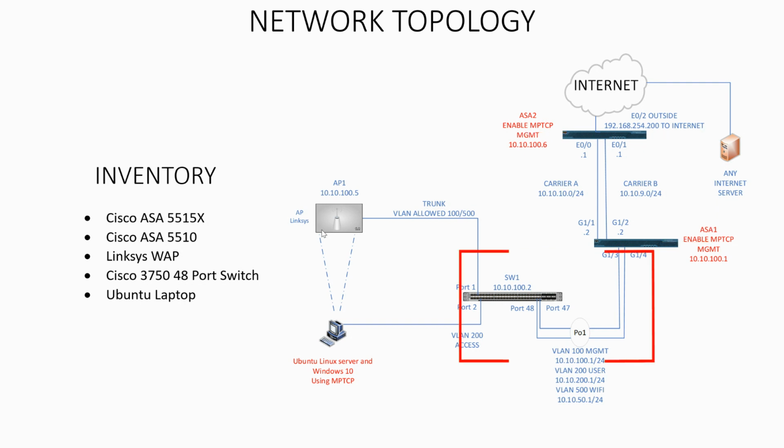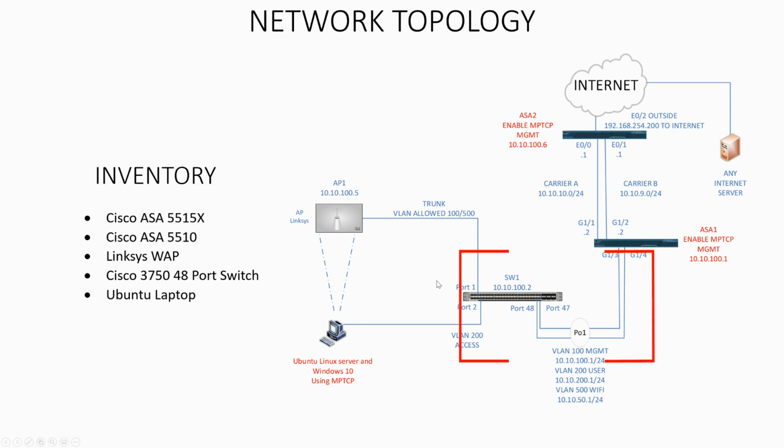The next network segment, which is comprised of the ASA1 firewall, essentially provides internal LAN layer 3 using the DHCP server option. As you can see here, we have a trunk port. It's pretty much a port channel uplink to switch 1, and it's broadcasting VLAN 100 for management, 200 for user data, and 500 for Wi-Fi.